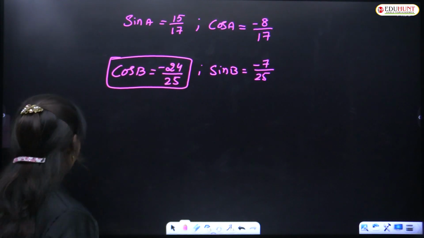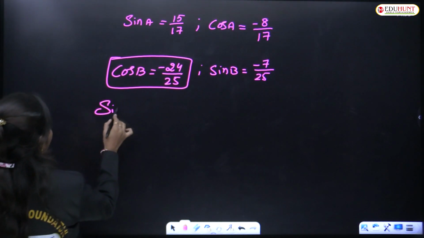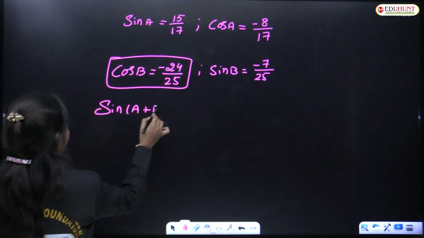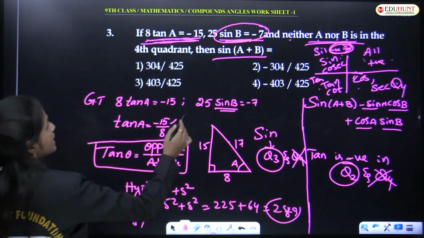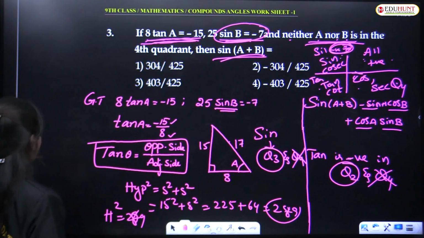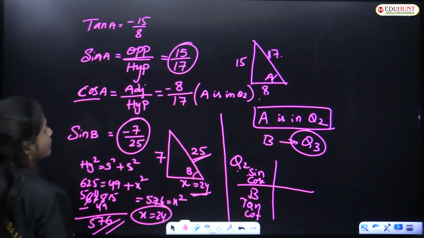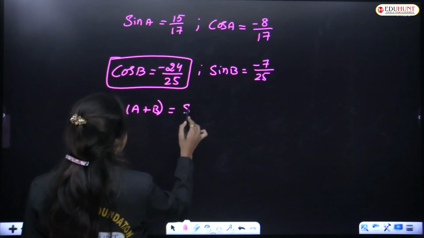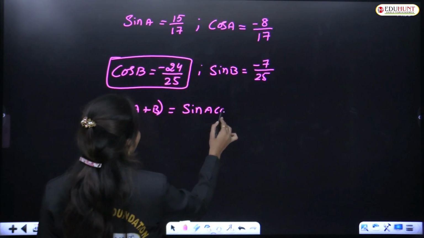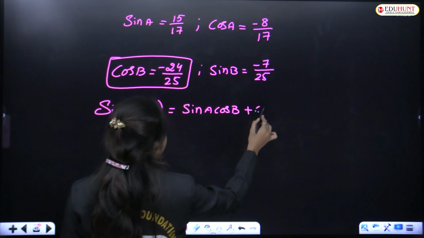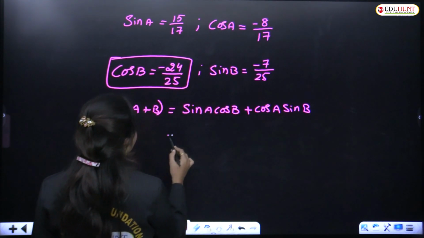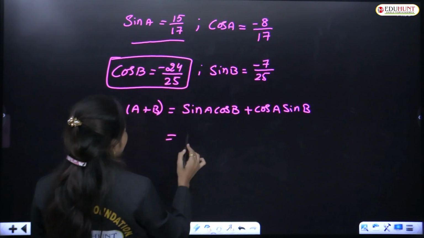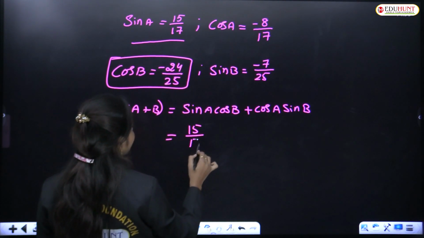Actually, we need to find the value of sine of A plus B. That's what they ask. So sine of A plus B is sine A cos B plus cos A sine B. Sine A is 15 by 17.